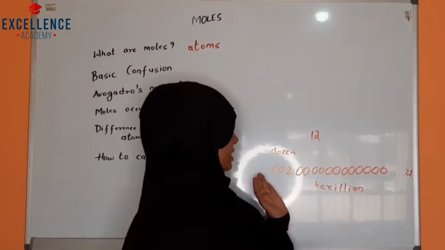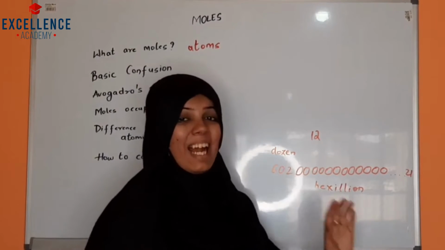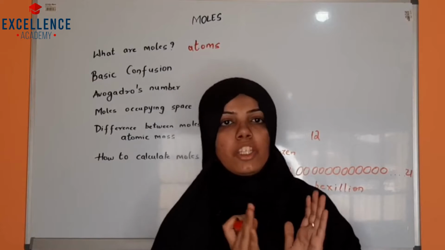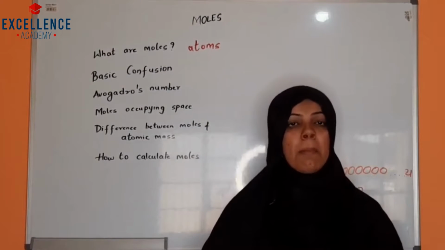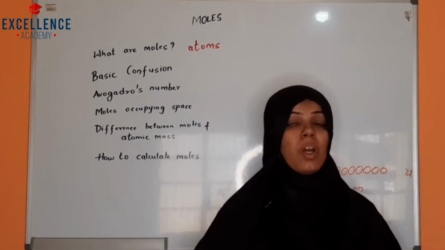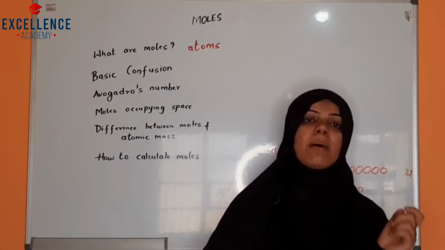So there are 602 hexillion atoms in a mole. Understood the difference? There are 12 bananas in a dozen, but there are 602 hexillion atoms in a mole.